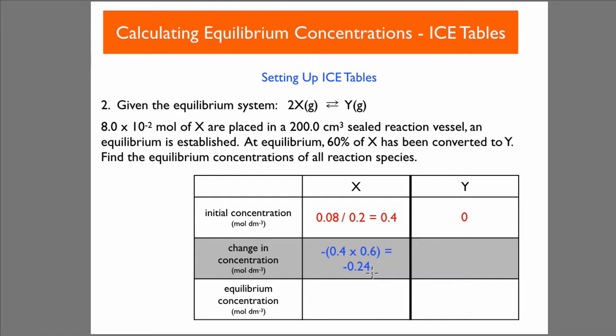And if we look at the molar ratios, we've got half the amount for Y, so we multiply how much is used up by half, and we see the concentration increase of Y. Now we can take the initial concentration, subtract the change in concentration to give us the equilibrium concentration, and the concentration of Y we've already calculated.